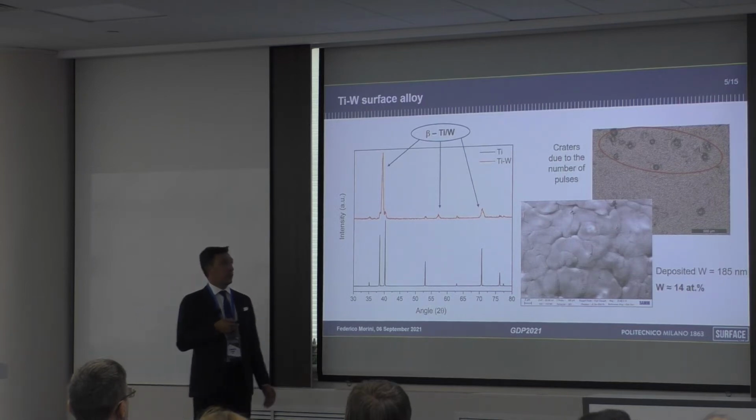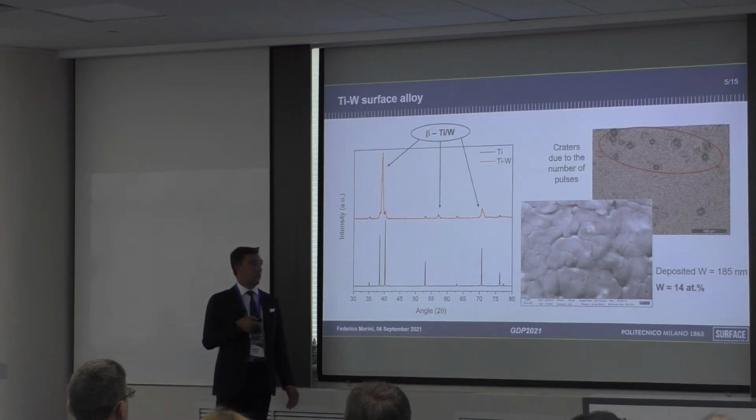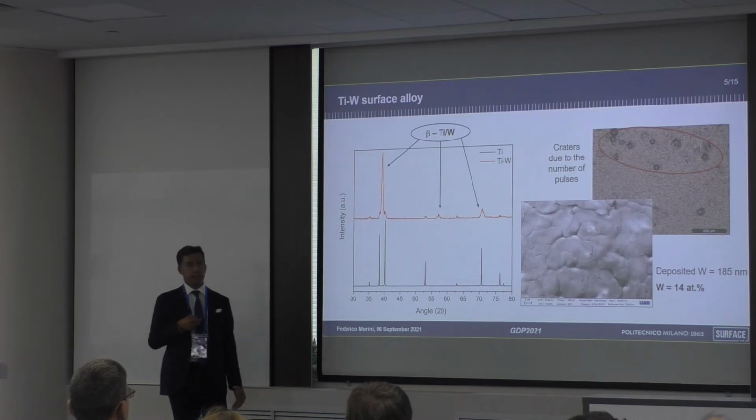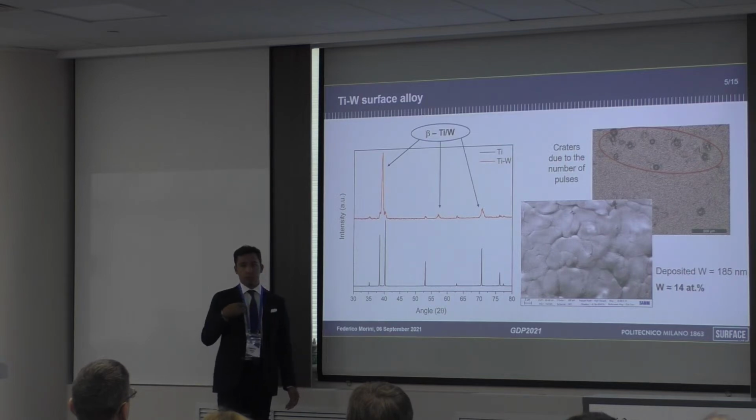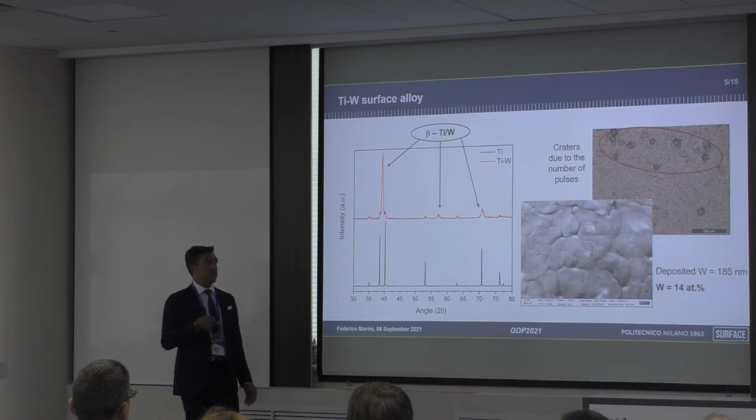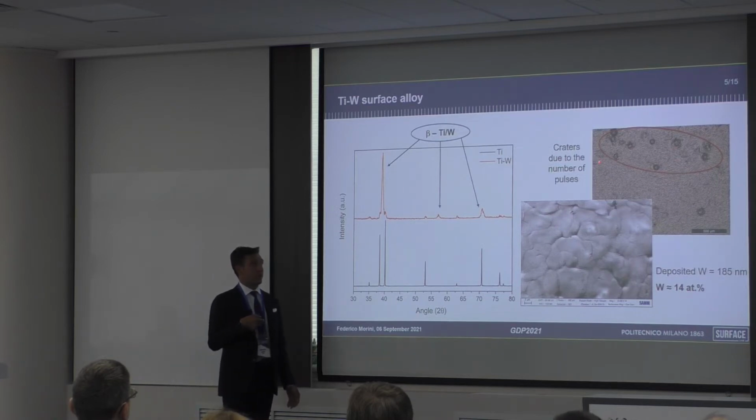From the morphological point of view, we analyzed with both the optical microscope and the scanning electron microscope, and we noticed different features. In particular, thanks to this treatment, we have the formation, unfortunately, of some craters due to a high number of pulses, because we continuously stress the material to be melted and solidified, and so there's the possibility of ejection of some inclusions or contaminants forming this kind of defects.